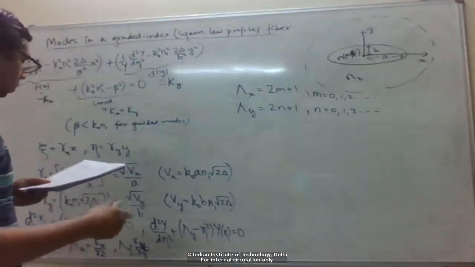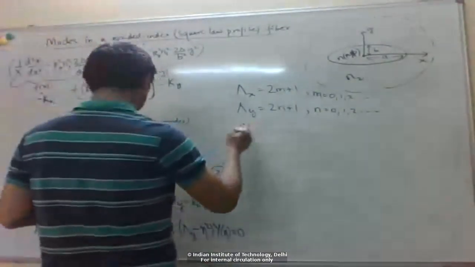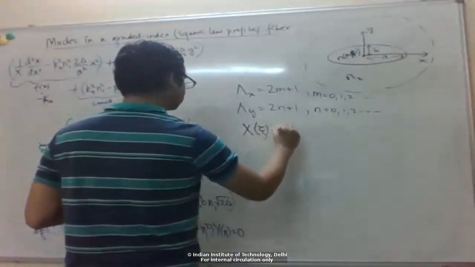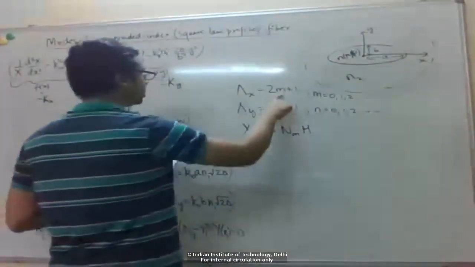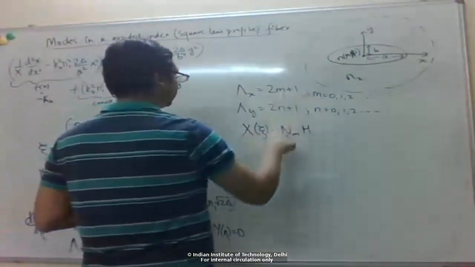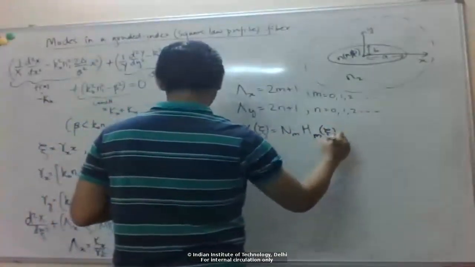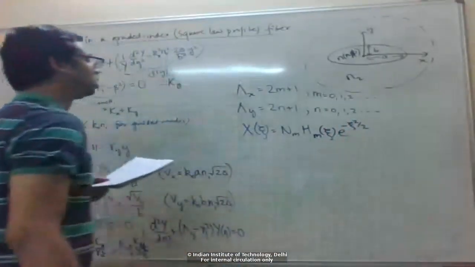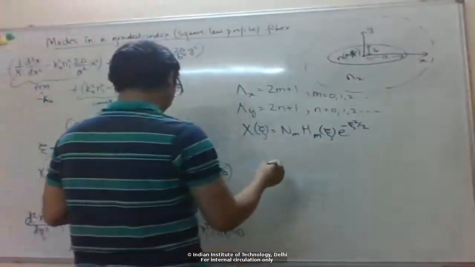Right? And the solutions for x and y are the Hermite Gaussian functions. Same thing that we got for the slab, right? So for a particular value of m, this will be the Hermite function of the mth order times the Gaussian function. Right, and some normalization constant.